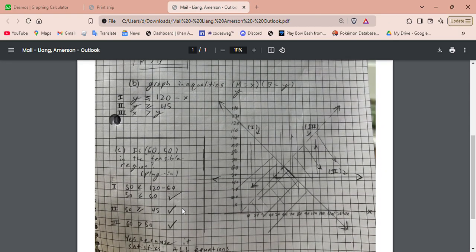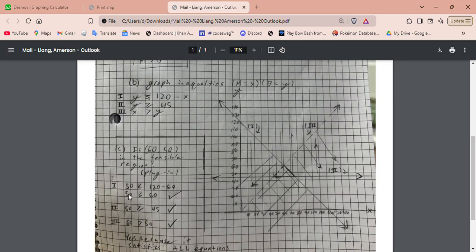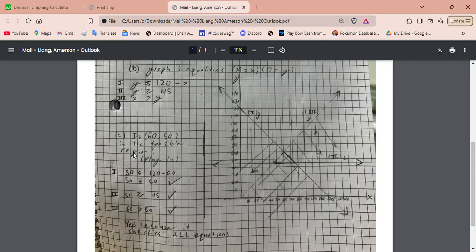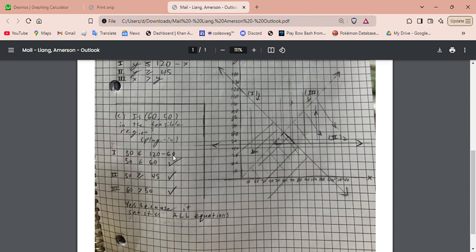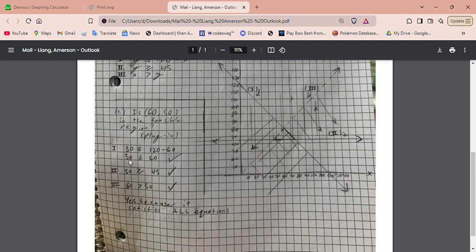That means we have to test whether the point works in all of the inequalities. To do this, I plugged in the point for x and y. From what I worked out, they all worked, so I said yes, it is in the feasible region, because it satisfies all the inequalities.